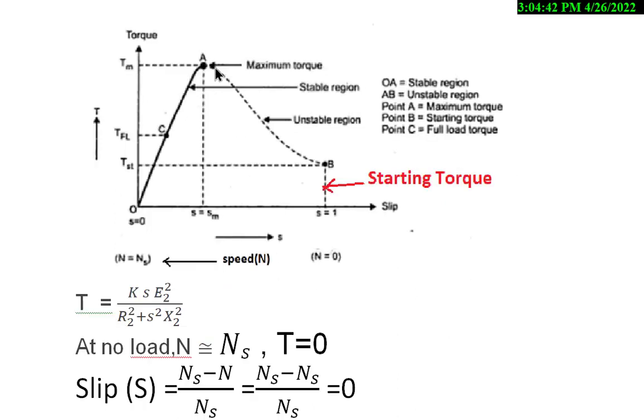And this is the maximum torque, at which the slip is S equal to R2 by X2. This characteristic appears the same for both the slip ring type of induction motor and the squirrel cage type of induction motor.